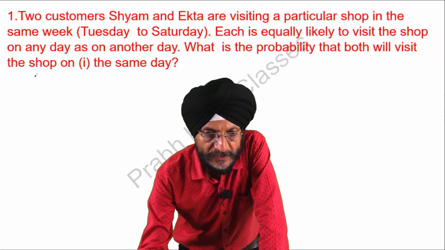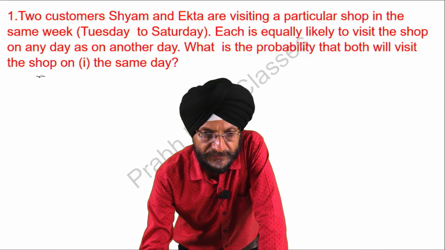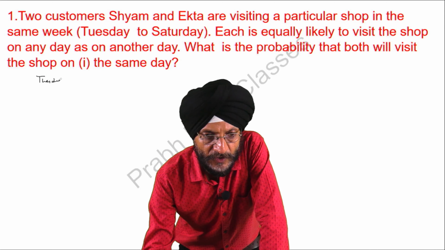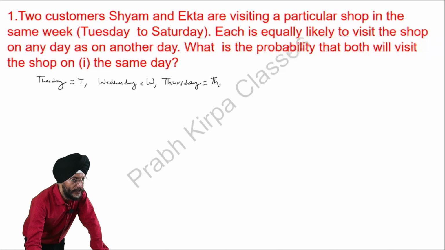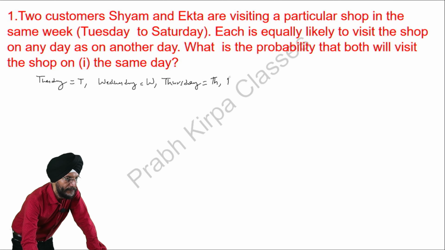So the days are Tuesday. We may abbreviate it as T. Then Wednesday, we can abbreviate it as W. Next is Thursday. For the purpose of solving the question, we are using abbreviations.